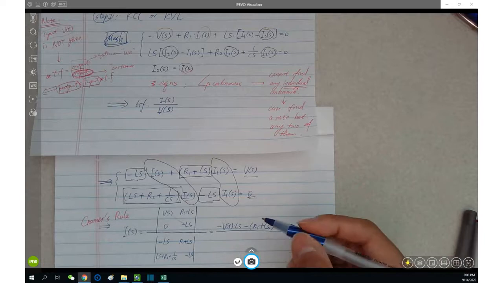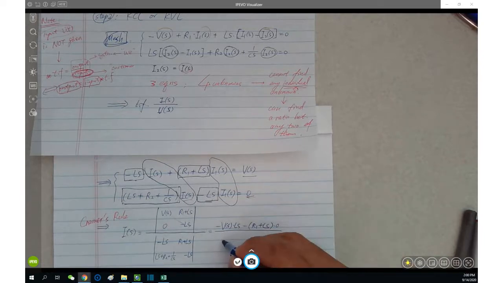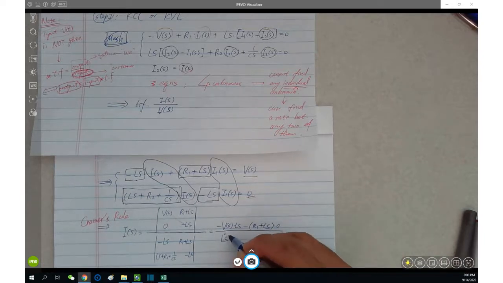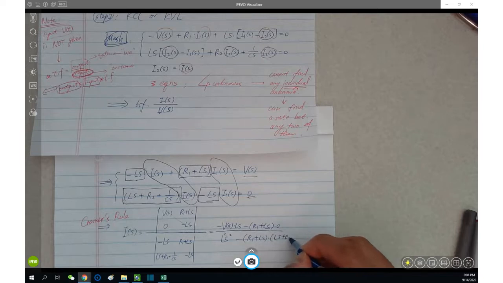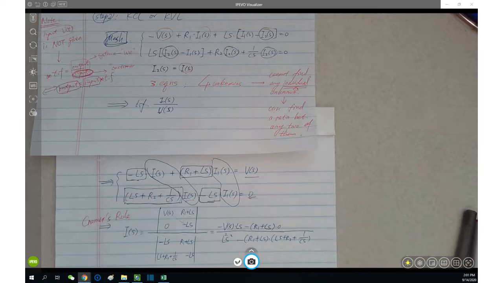The same thing here. So Ls squared minus R1 plus Ls times Ls plus R2 plus 1 over Cs. That's it, right? This is I of s.